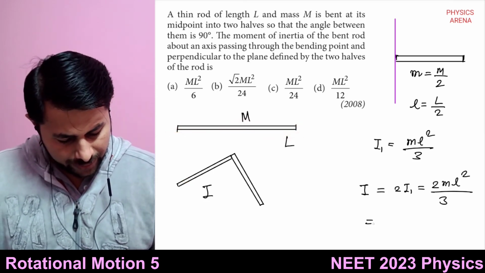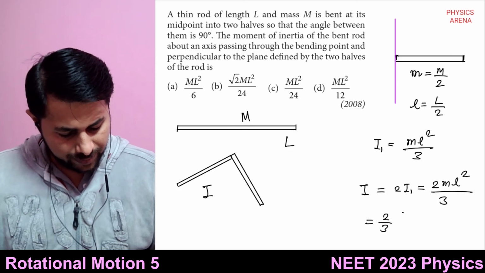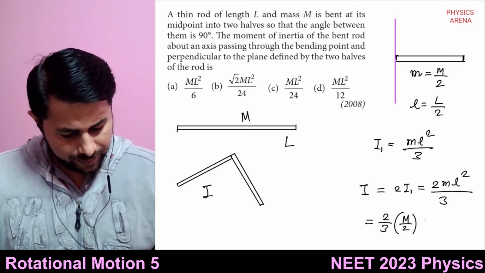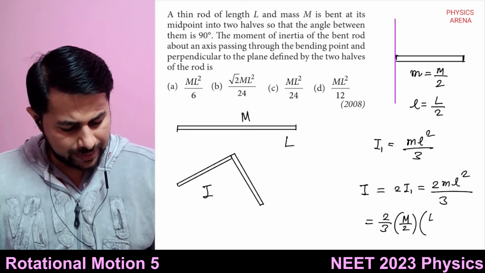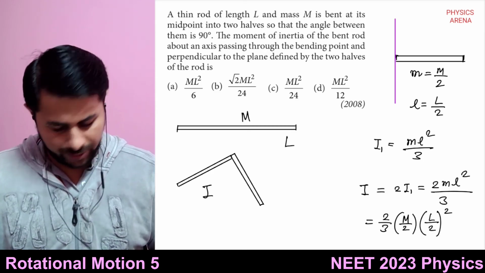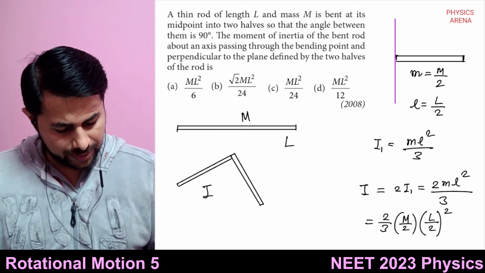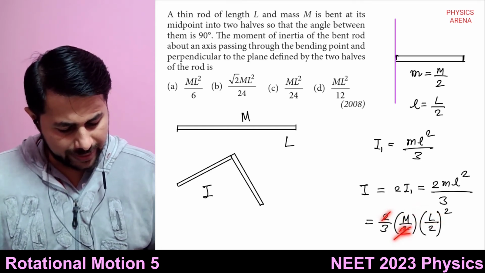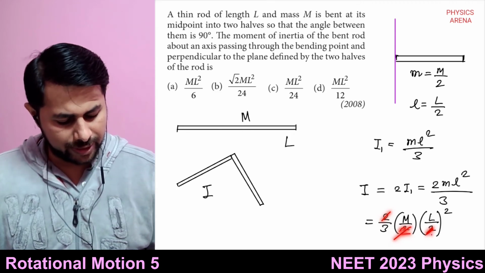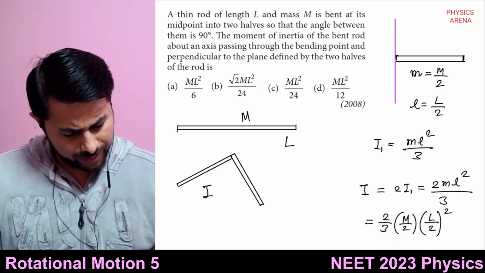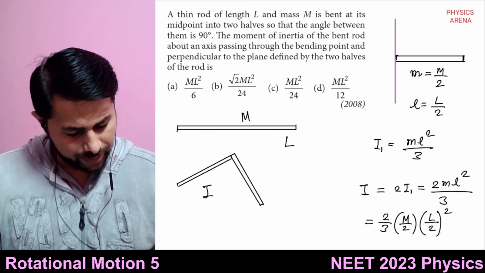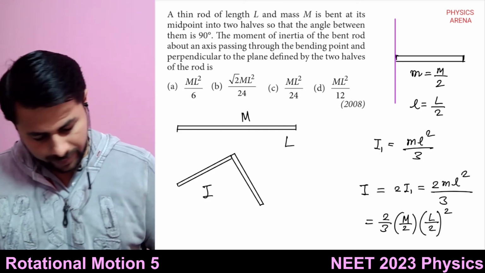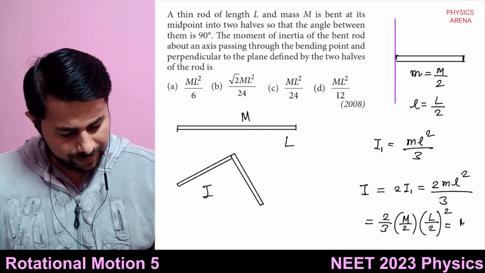So you have 2 by 3, times capital M upon 2, multiplied by capital L upon 2 whole square. The 2 and 2 get cancelled, and 2 square is 4, so 4 threes are 12. ML square upon 12, if my calculation is correct.